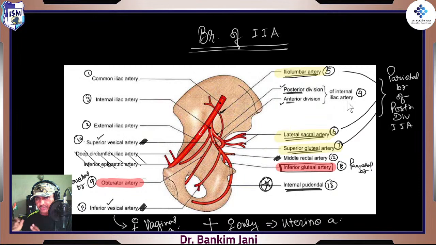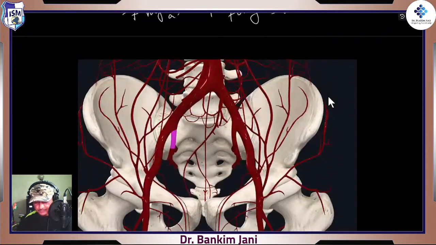Anterior division, posterior division. In the posterior division, let's finish it first, so that's how you finish off all those three, and then go to the anterior division. In the anterior division, first the parietal part, those which are obturator and inferior gluteal, and then the rest are all visceral, right? Now let's see all of them, how they look.